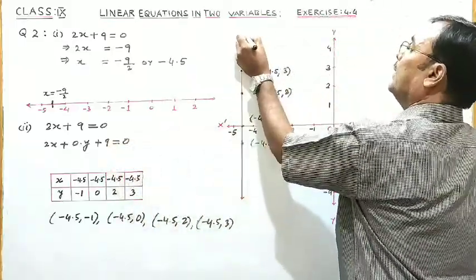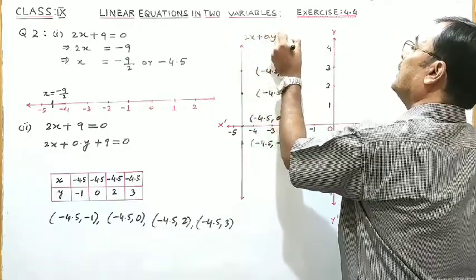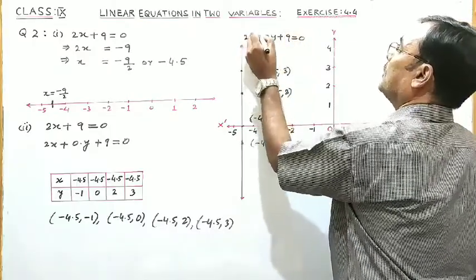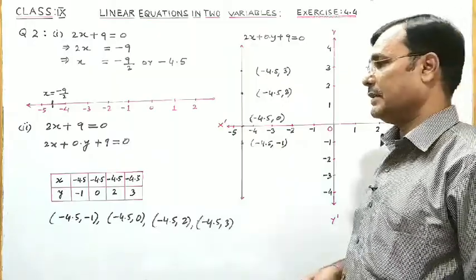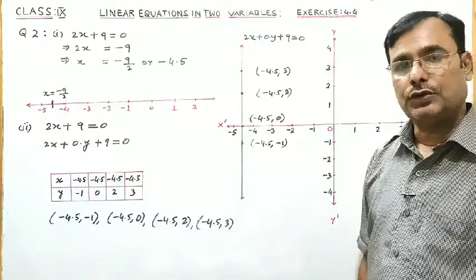So 2x plus 0y plus 9 is equal to 0, and this straight line parallel to the y-axis represents 2x plus 9 equal to 0 as an equation in 2 variables.